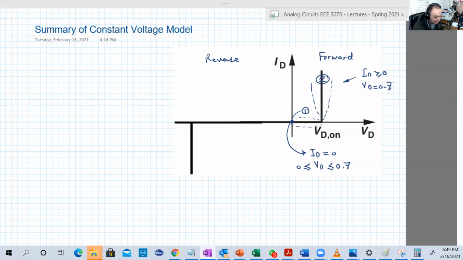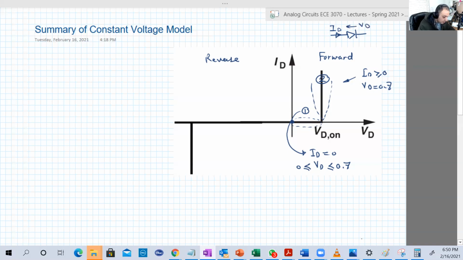When I say greater than 0, I mean it's positive. And when I say greater than 0 and less than 0.7, again it's positive and in that range. Positive means when you assume the direction, the current should be flowing in that direction and positive, and the voltage should be in that direction and positive as well, in forward, whether region 1 or region 2.